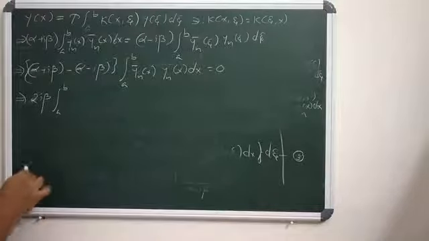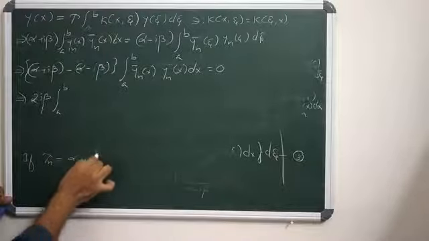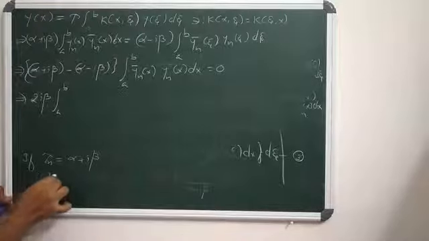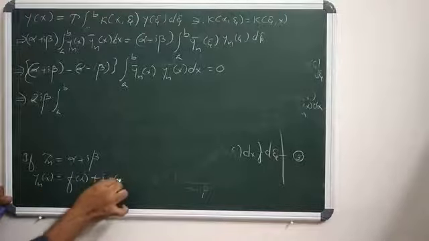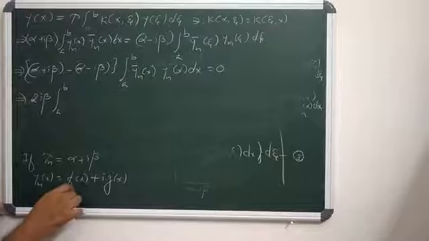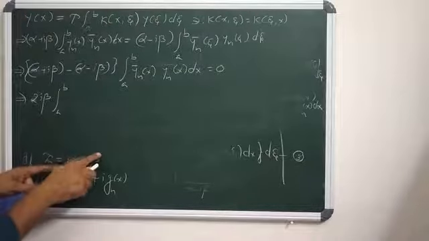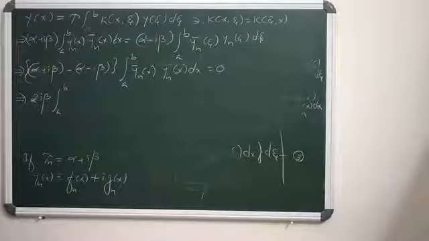So listen, what is lambda n? Lambda n equals alpha plus i beta, then the corresponding yn(x) is fn(x) plus i into gn(x), whatever may be. If lambda n is alpha plus i beta, then the corresponding yn(x) is fn(x) plus i gn(x).